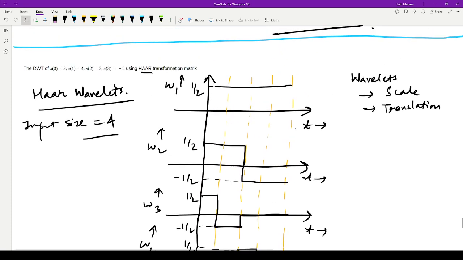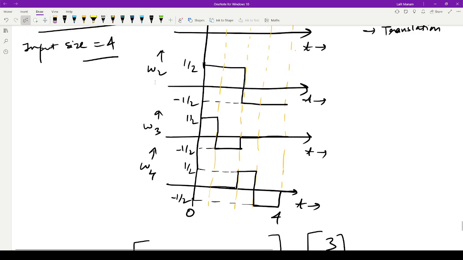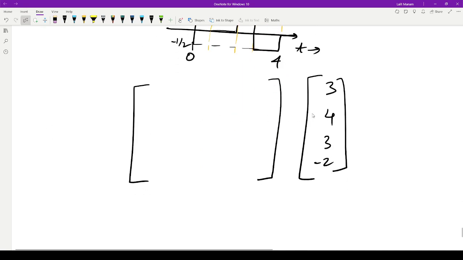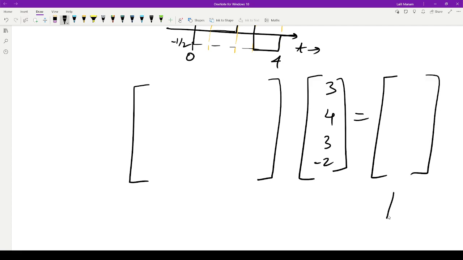Given this, we'll have to encode this into a matrix. Once we encode this, whatever output we get is our answer. This will be the discrete wavelet transform using Haar wavelets.